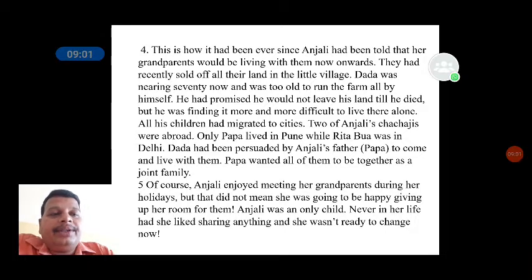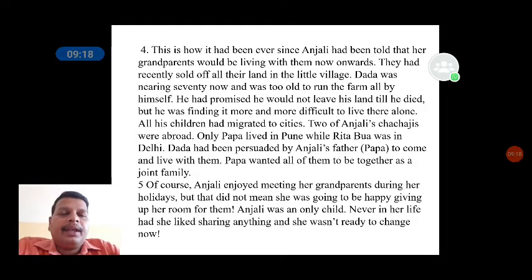He had promised he would not leave his land till he died. There is an emotional attachment, even today. All the old persons are very emotionally attached to the land.